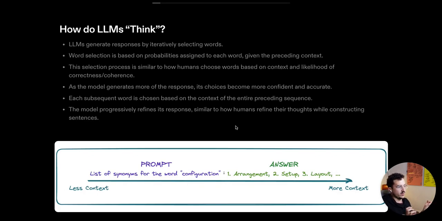What's interesting is that it starts with very little context, and as you provide more context, you're giving the model more opportunities to be successful.